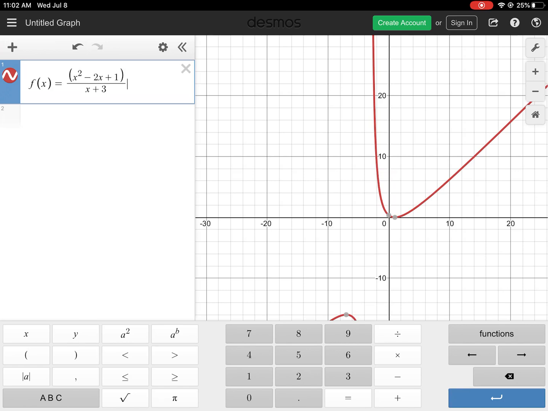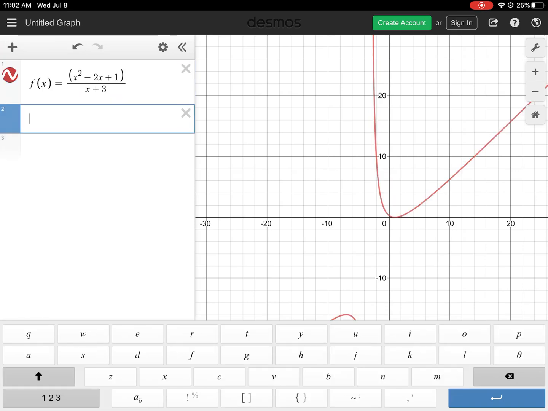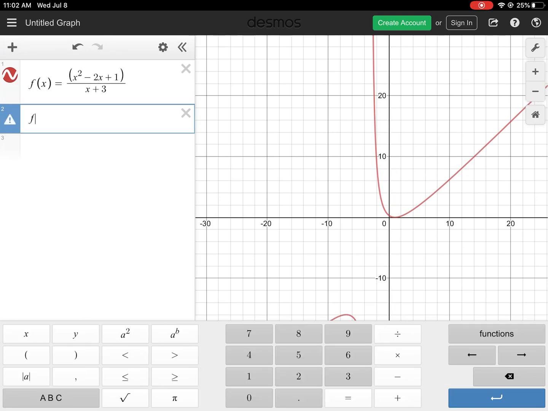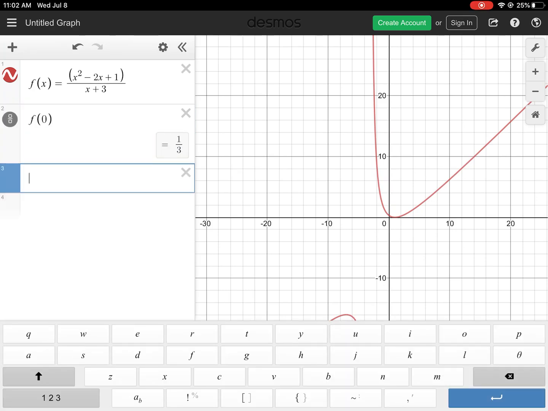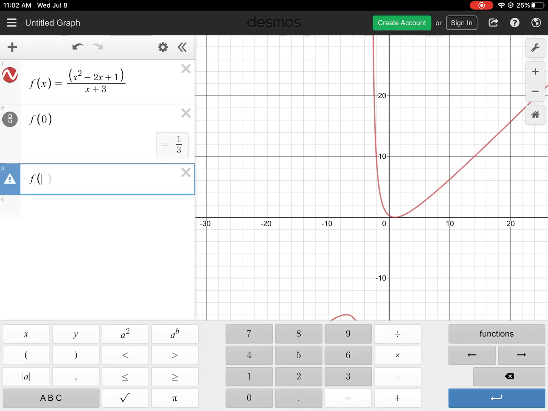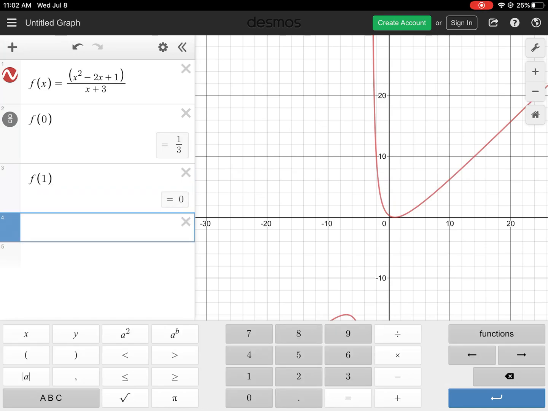I already have the function typed into Desmos. We're just going to evaluate it now at the two endpoints and at the critical number. So there are the three output values.